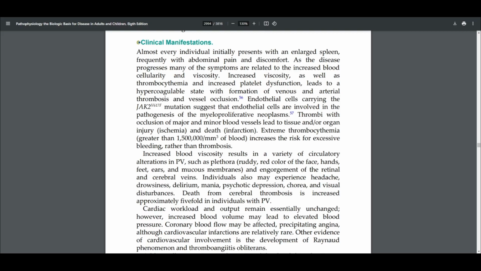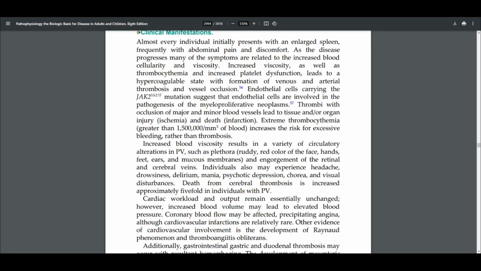Increased viscosity, as well as thrombocytopenia and increased platelet dysfunction, leads to a hypercoagulable state with formation of venous and arterial thrombosis and vessel occlusion. Endothelial cells carrying the JAK2 mutation suggests that endothelial cells are involved in the pathogenesis of the myeloproliferative neoplasm.